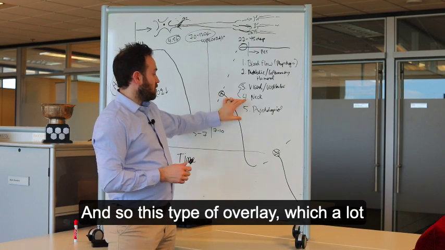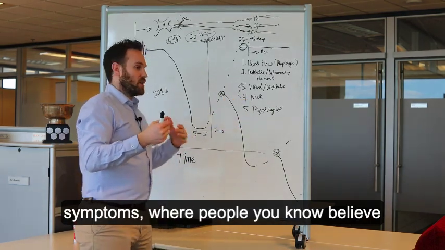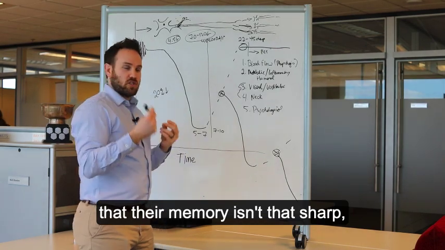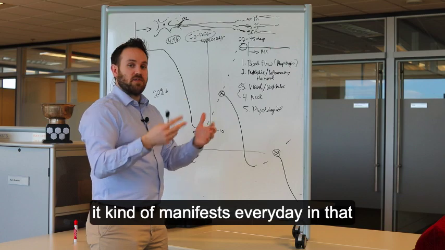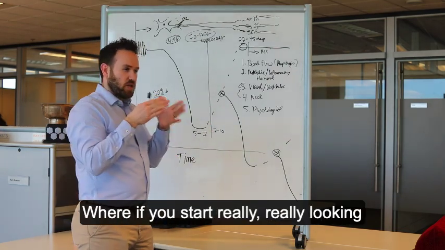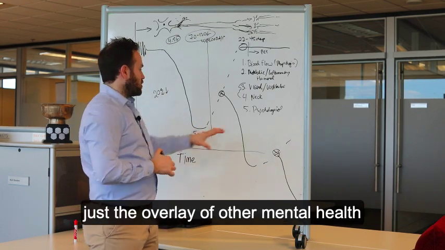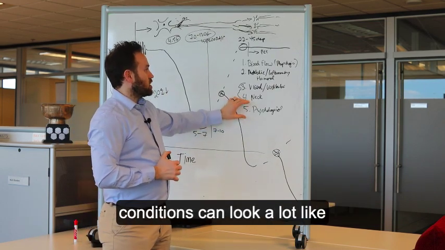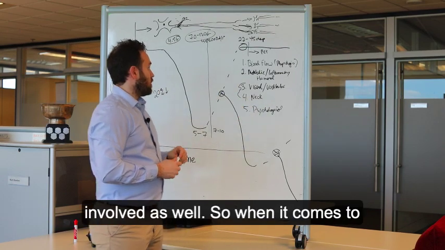This type of overlay is often a misattribution of symptoms, where people believe their memory isn't that sharp and think they're impaired, and it manifests every day in a kind of self-fulfilling prophecy, where if you start really looking for things, they start to appear. But also just the overlay of other mental health conditions can look a lot like concussion. So this one is definitely involved as well.